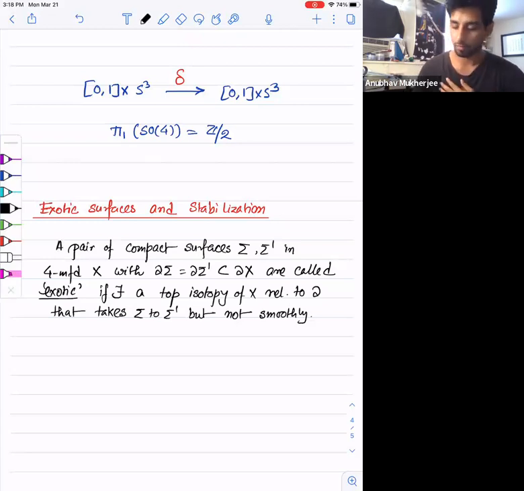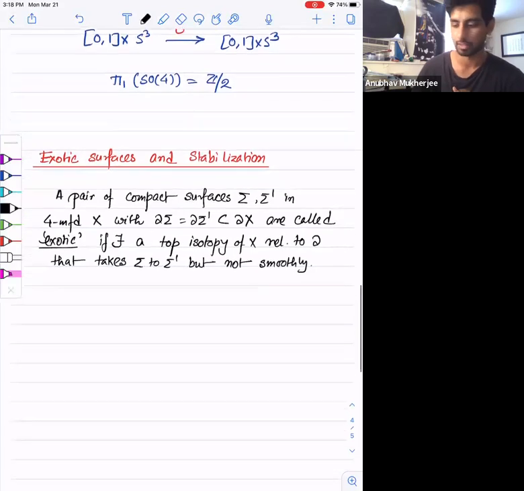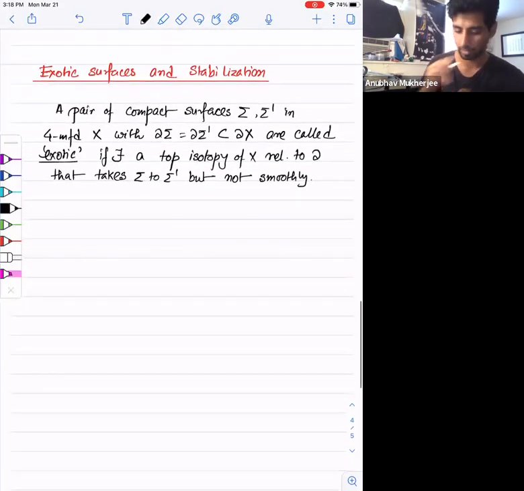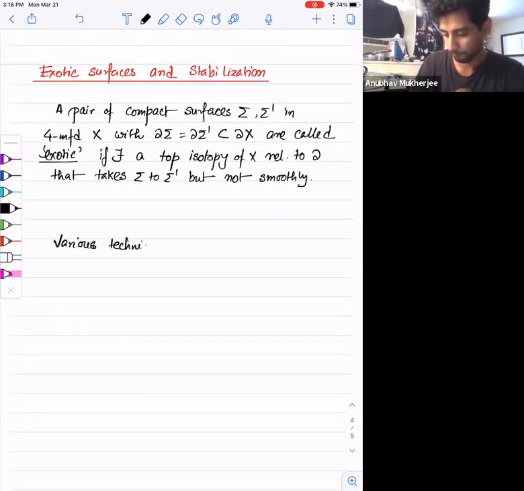Various techniques have been used to understand exotic surfaces in four-manifolds. I think the first technique that was used to understand exotic surfaces was Donaldson's invariant.